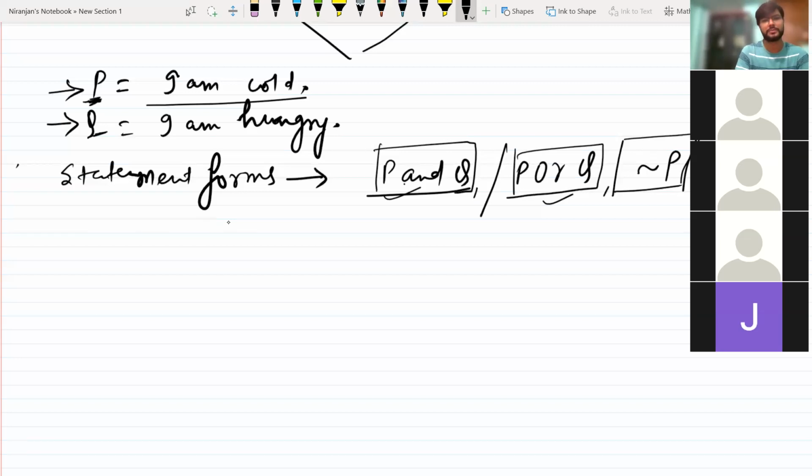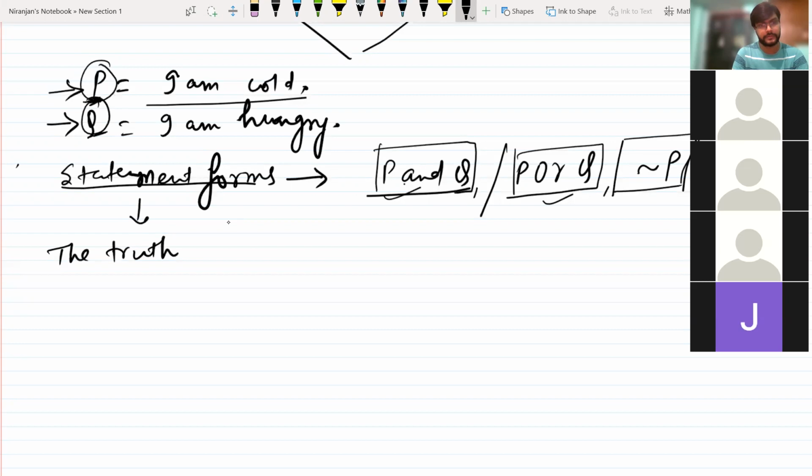So there are many examples where you get a combination of statements, and the truth and falsity of these statement forms actually depend on the truth and falsity of P and Q. So let me write this one.